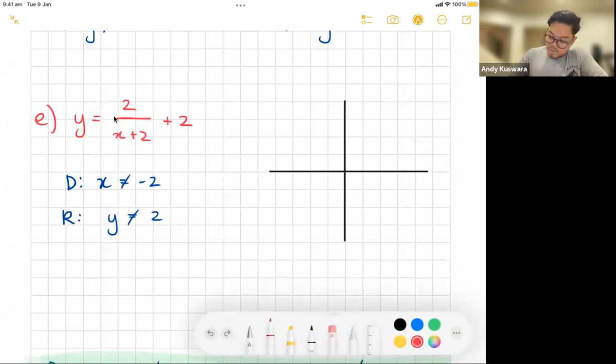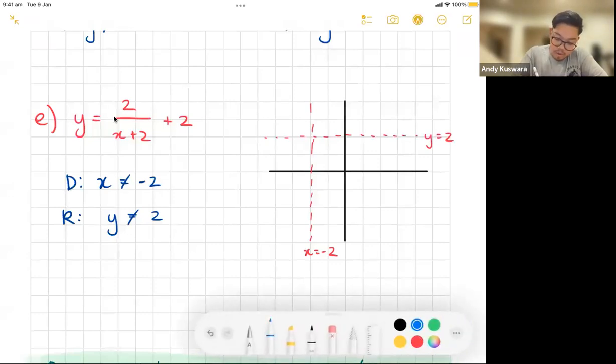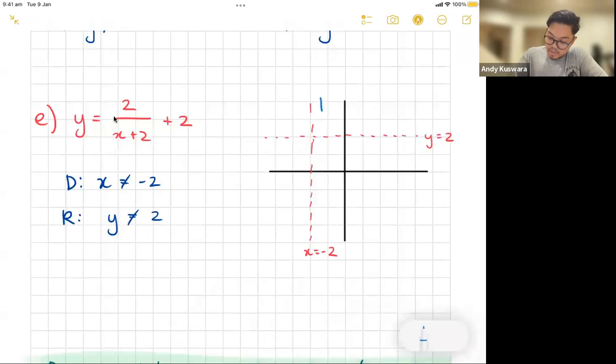Okay, and so I'm going to dot these in. x equals -2 would be here, and y equals 2 would be up there. And we're definitely dealing with a positive parabola, or sorry, hyperbola. So I'm going to be in the top right, bottom left. And there's my hyperbola transformed.